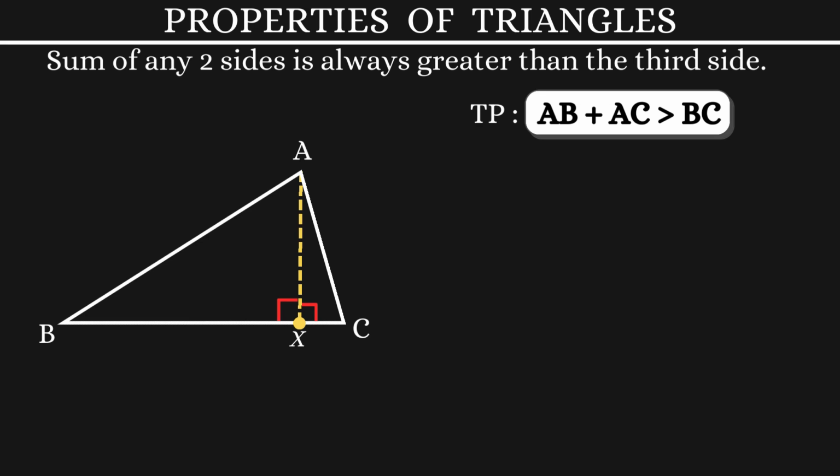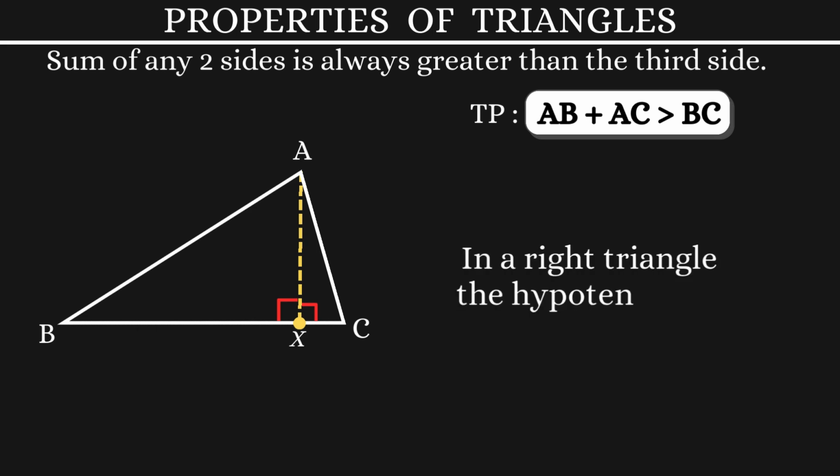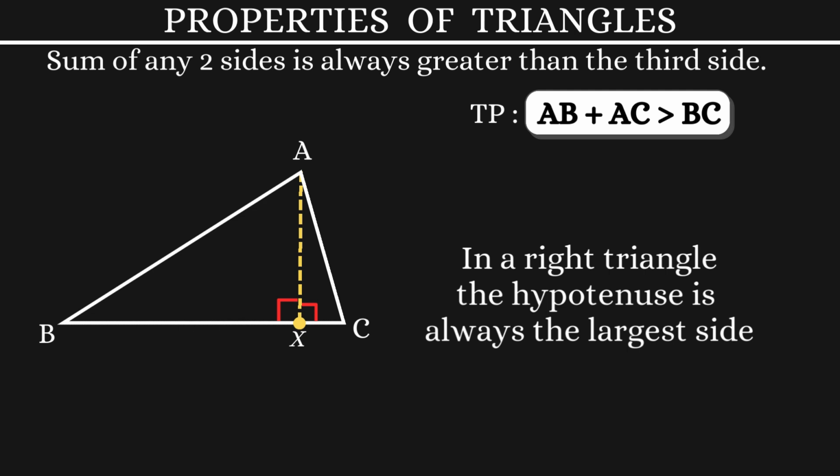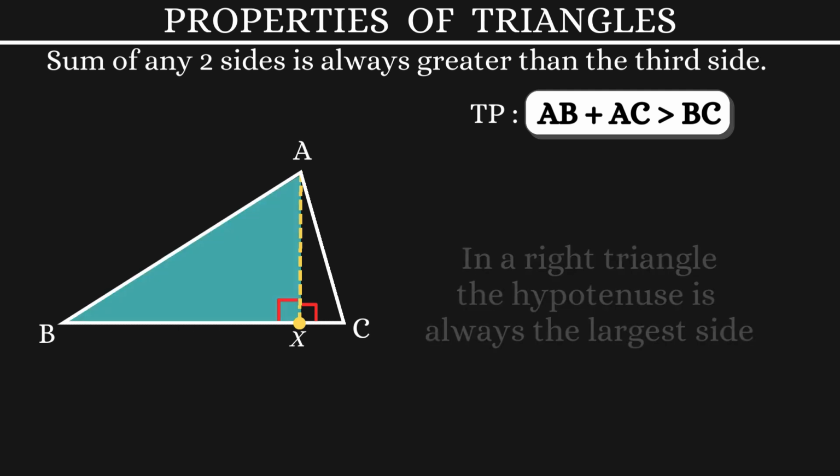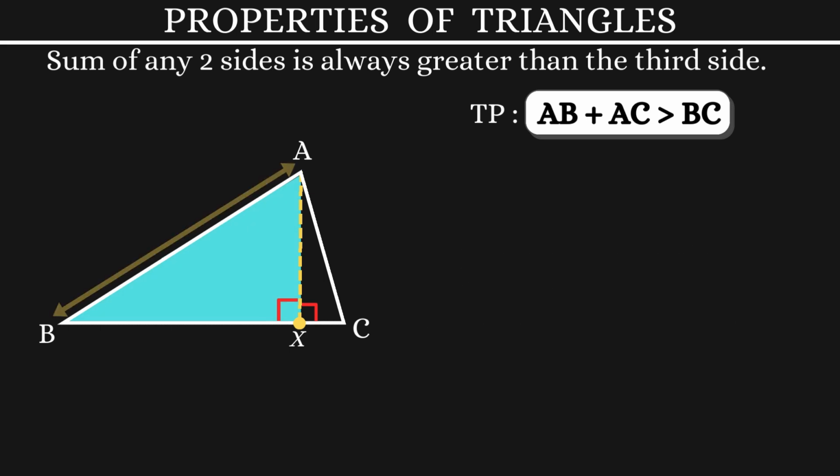Now we have two right triangles. Let's remember, in a right triangle, the hypotenuse is always the largest side. So, in the triangle ABX, AB is the hypotenuse, and hence we can say that AB is greater than BX. Let's name this as 1.